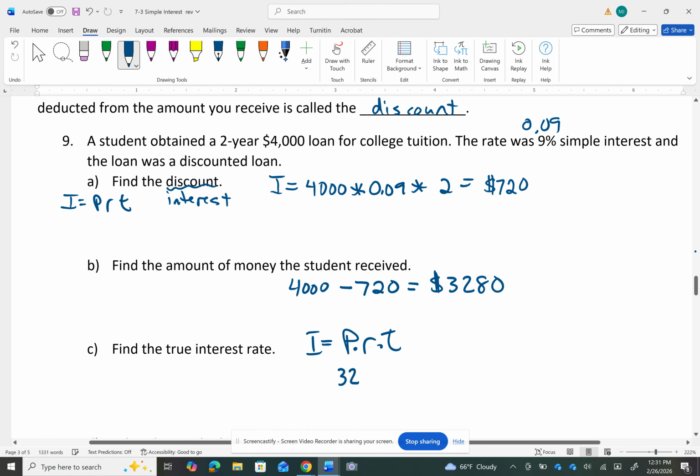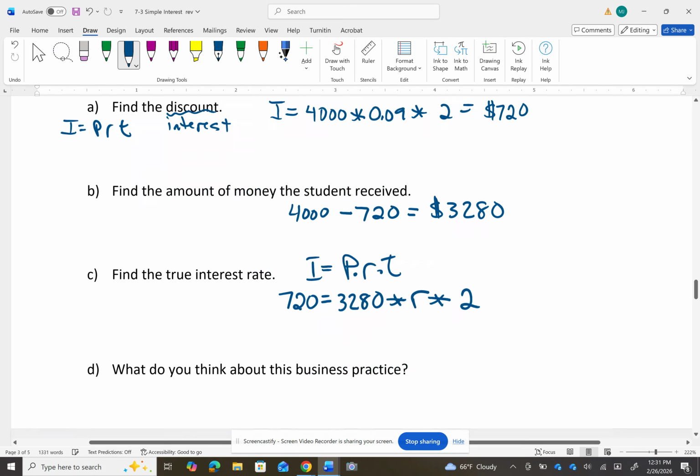So I'm going to put that in. That was my true principal, the true amount I walked out the door with. The interest I paid was $720. We're going to look for what the interest rate was, and the time of our loan was 2 years. So I really didn't get to use my $4,000 for those 2 years.